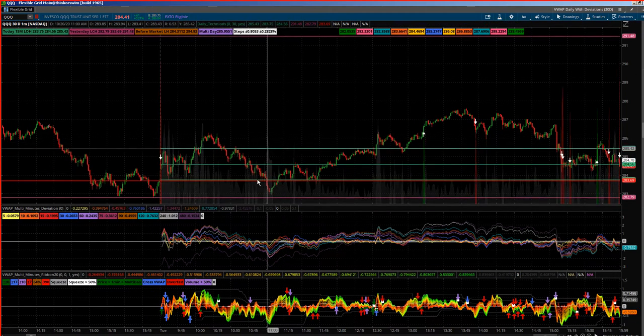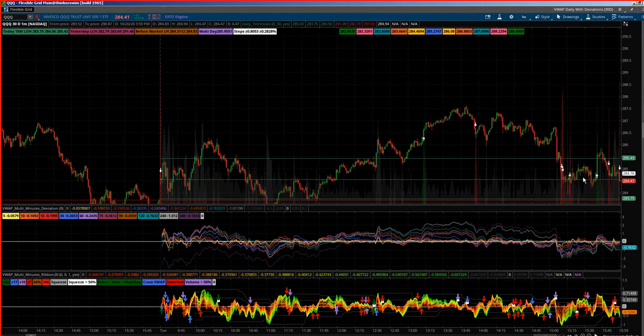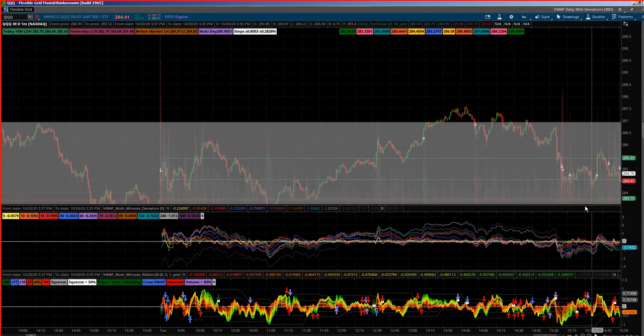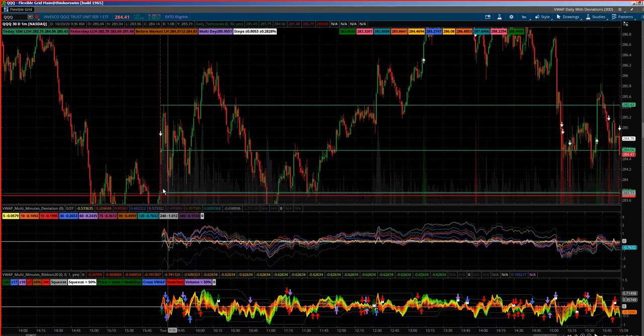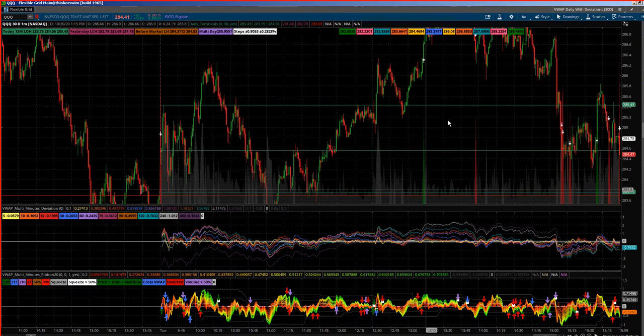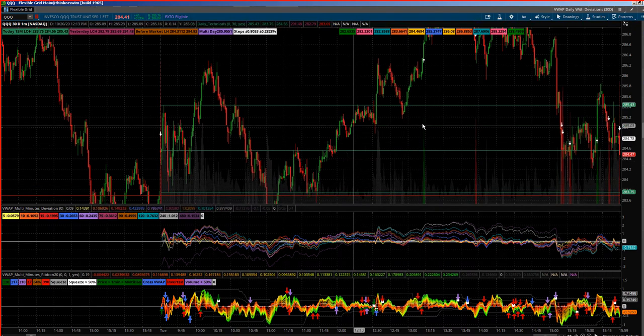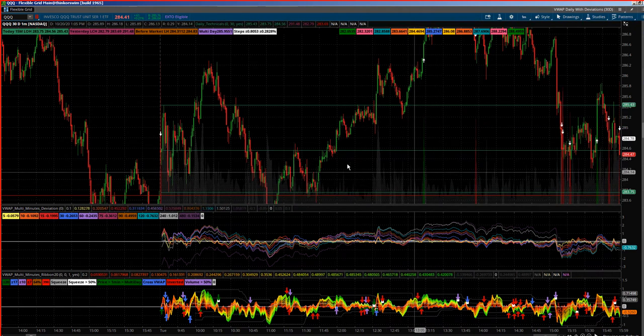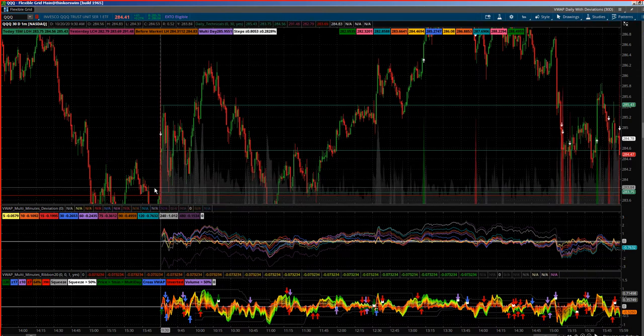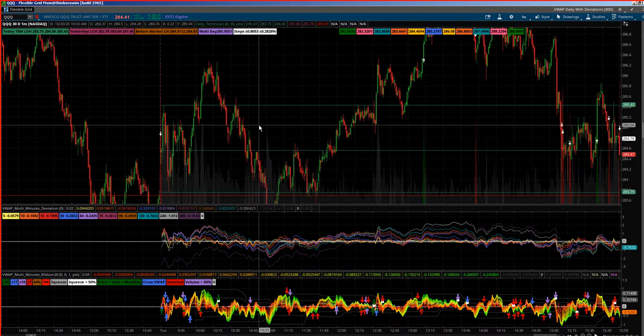The green lines over here are the beginning of day highs, low, and open, which are all green. And as Kenny was saying, these are very important. They do create resistance and supports.